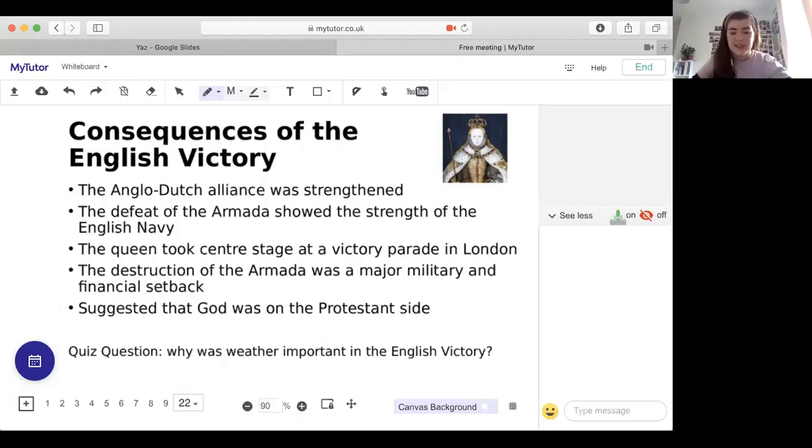The Queen took centre stage at a victory parade in London. Elizabeth was able to portray herself as a military victor, so this is big for her. Previously, she's been able to show herself as someone who can walk the middle line. She's quite good at keeping warring factions together, and now she's proven that she's also a military leader.